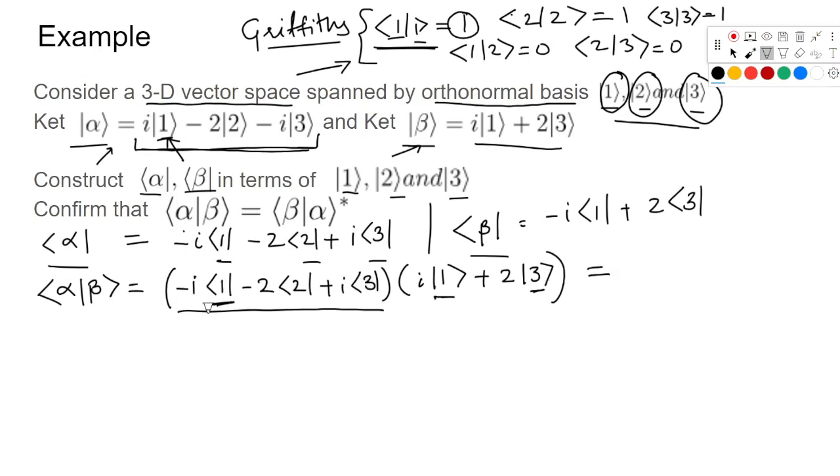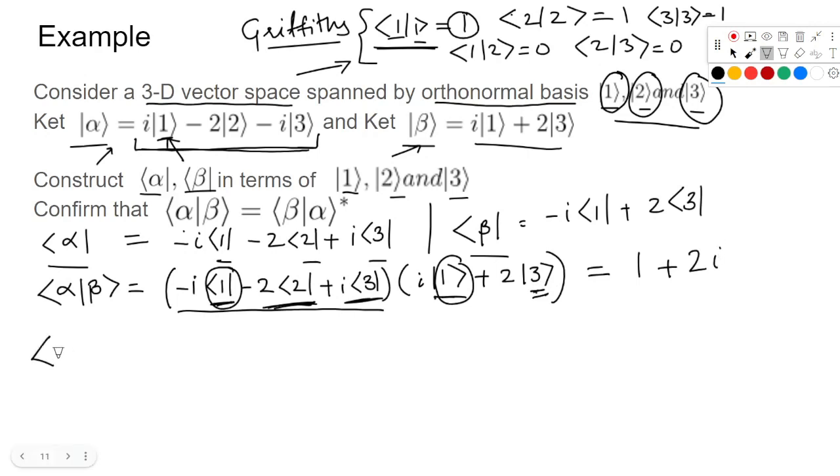So all we need to do is multiply the bra of 1 with the ket of 1, which gives us 1. We don't need to bother about the bra of 2 because it multiplies with the ket of 1 or the ket of 3 and becomes 0. This guy, the bra of 3, gets multiplied with the ket of 3 and becomes plus 2 iota.